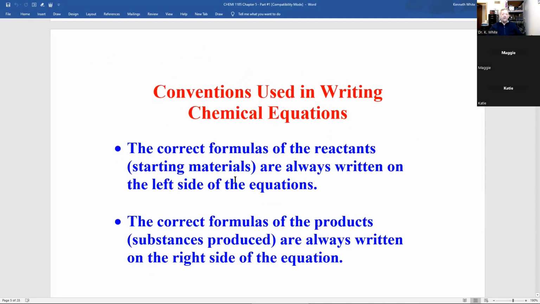Now, when you do write a chemical equation, there's a certain convention. You have to write the correct formulas. The starting materials are always written on the left. These are the reactants.